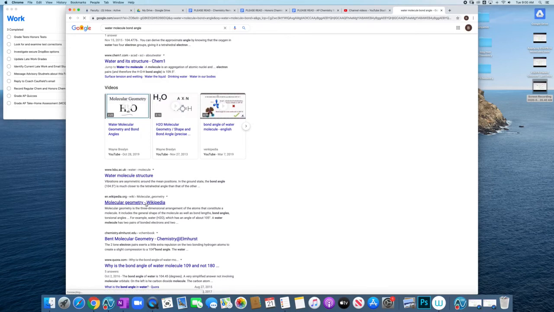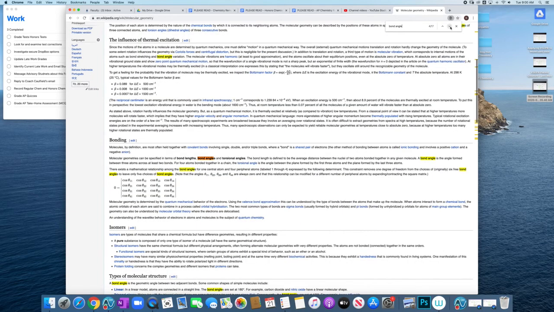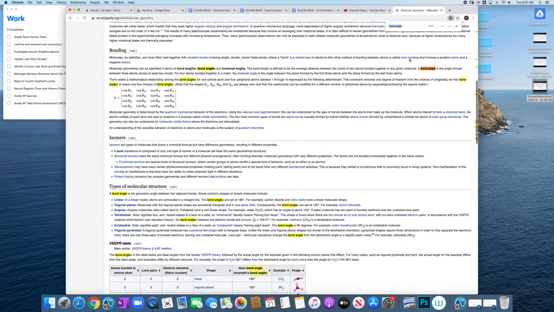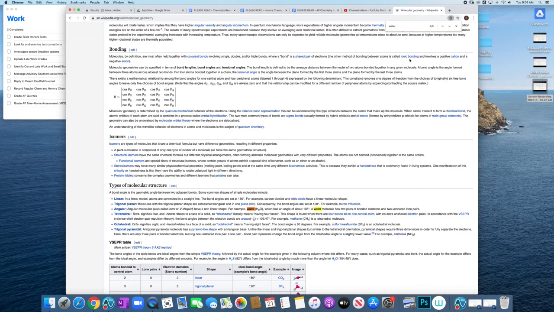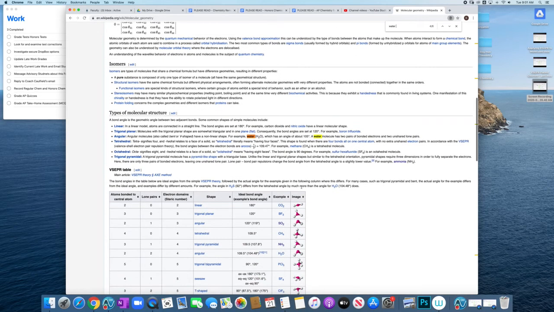Molecular geometry, here we go. And they mentioned water. Water is actually their example here, 104.45 degrees bond angle. Let's see. With water, for example, water has an angle of about 105. Okay, and that's a result of the two lone pairs.